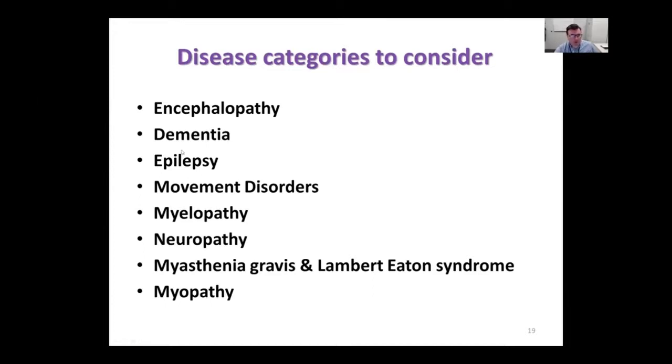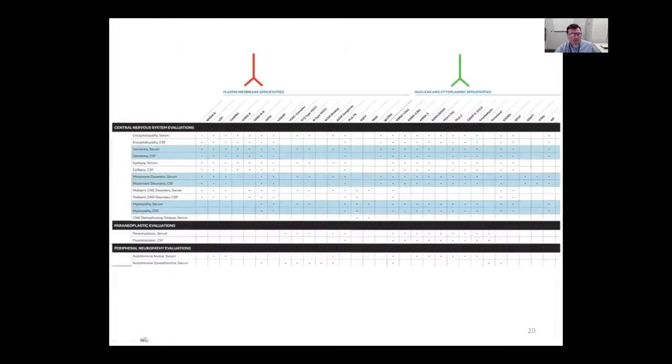What are the actual neurological findings on history and exam? And what is that ultimate phenotype? That would help select a profile of antibodies for testing for some of the CNS disorders, testing both serum and CSF, and then for the peripheral nervous system disorders, just testing serum. So for neuropathies, myasthenia gravis and Lambert-Eaton syndrome, and myopathies.